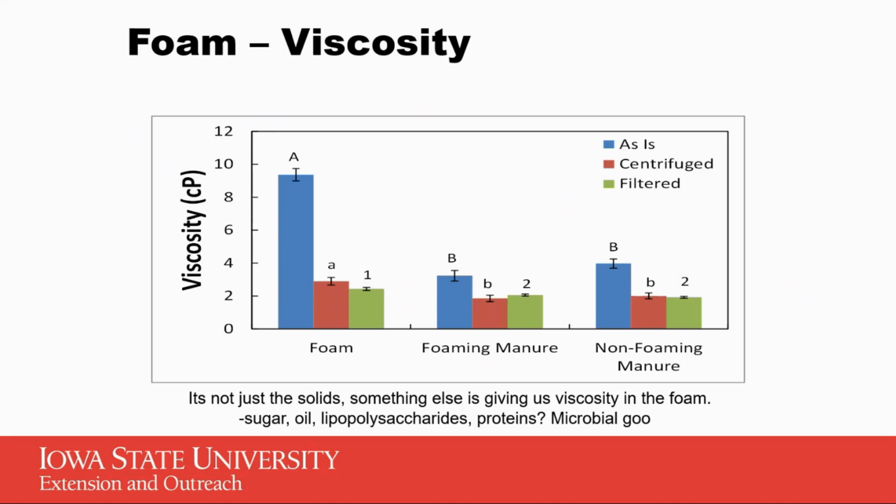So something else is giving that foam its structure. I don't know that we actually know what that is, whether it's sugars or carbohydrates, oil in the pit itself, or protein excretion from the pig. I don't know if we know exactly what goes into it, but you can clearly see the foam itself has different properties compared to manure from a foaming pit versus a non-foaming pit.